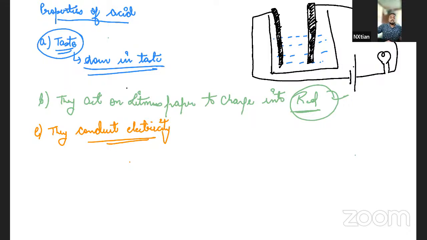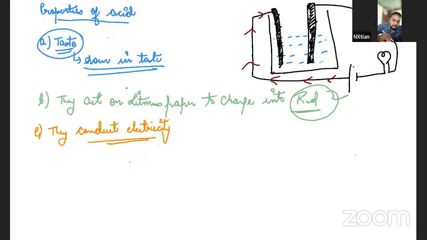Now the electric current will flow. What will happen? The electricity will flow from this direction into this. Now there is water in there.